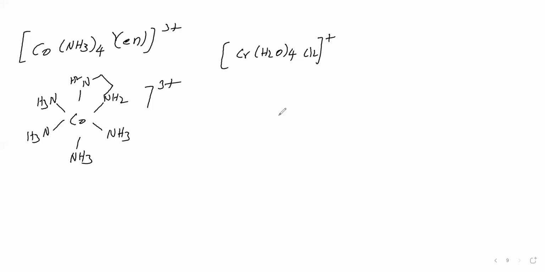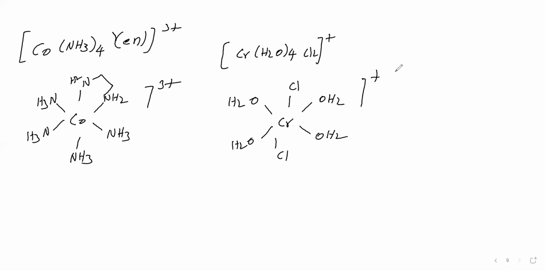Now we will take Cr(H2O)4 Cl2. So what do you say? Here is optical activity possible or not? If we take a plane like this, which is bisecting this molecule into two, then we can say the left side and right side are equal. Therefore, we can say a plane of symmetry is present.